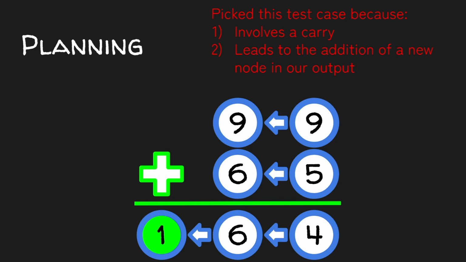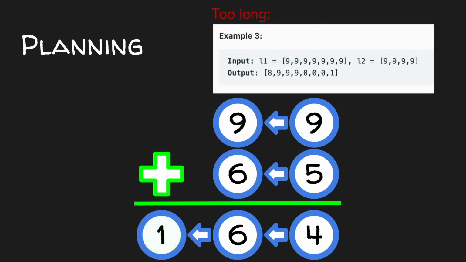So we have to add that 1 in the hundreds place, whereas we didn't have a hundredth digit in L1 or L2. The reason why I didn't use the last example they gave us, which also had these properties, is because that one was just too long to brainstorm with. Alright, now that we have a good example and a dummy head, let's continue on formulating our plan.